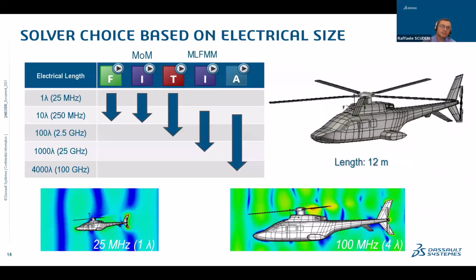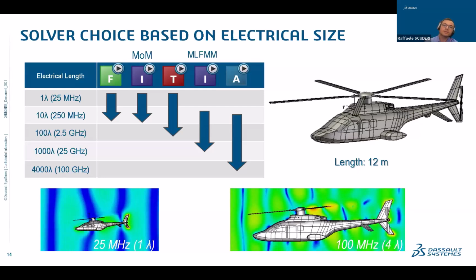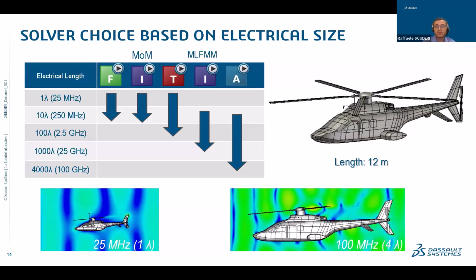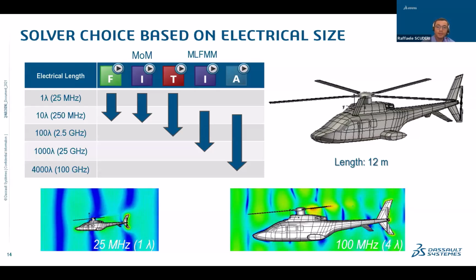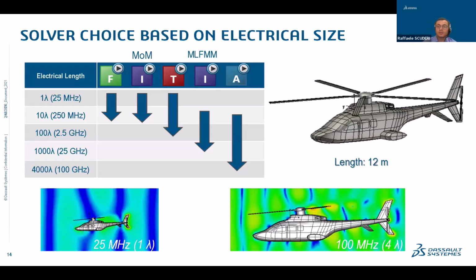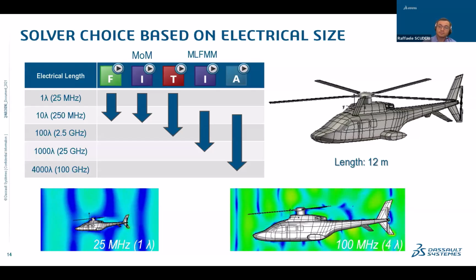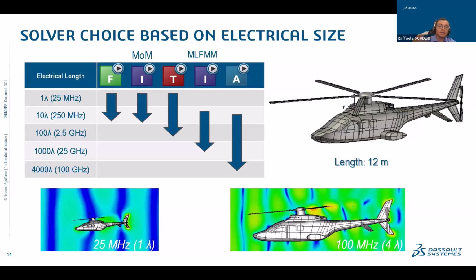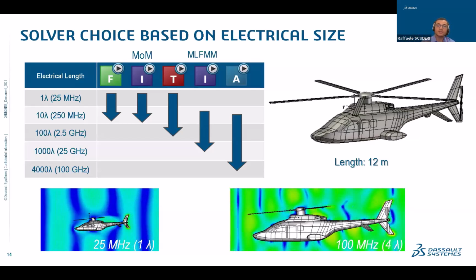And let's take a real case, just to have a look at some nice animation and the very physical videos here, where we have this helicopter, which is 12 meters long. And we can see here how the behavior is changing based on the frequency.